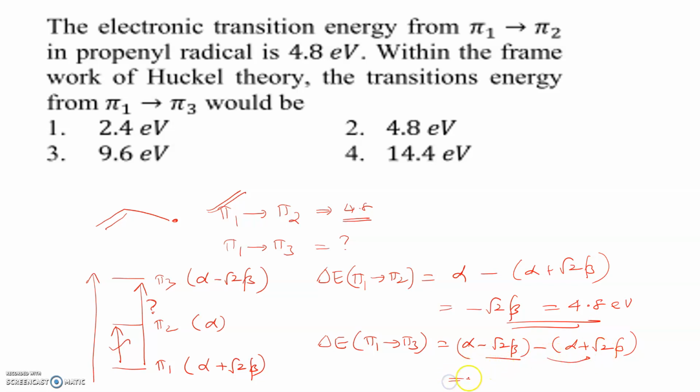So if you add, you will get minus 2 root 2 into beta, or we can write this as 2 into minus root 2 beta. Minus root 2 beta is 4.8 electron volt, so 2 into minus root 2 beta is 9.6 electron volt. Very simple question, right? So the correct option for this question is 3.